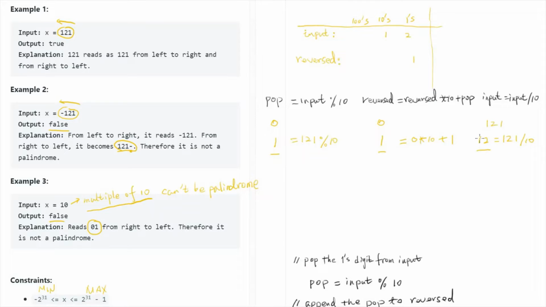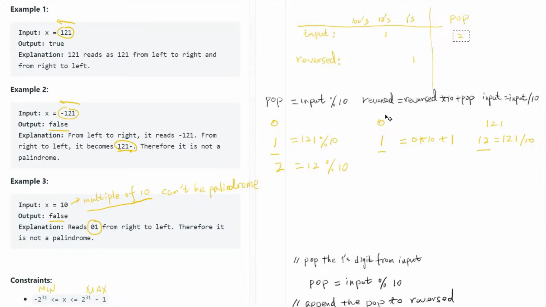Now we continue the process to move this digit from input to the reversed. First, we'll calculate the pop. It's equal to input mod 10. The input is 12. So 12 mod 10 equals 2. So here is the pop. We get the 2 from the ones digit.